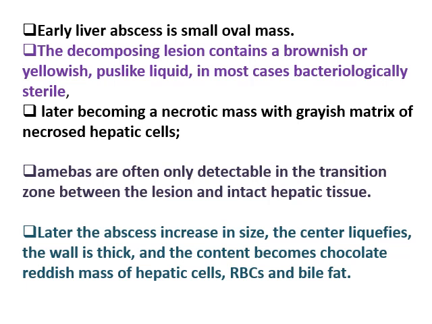Amoebas are often only detectable in the transition zone between the lesion and intact hepatic tissue. Later, the abscess increases in size, the center liquefies, the wall is thick, and the content becomes a chocolate reddish mass of hepatic cells, RBCs, and bile fat.